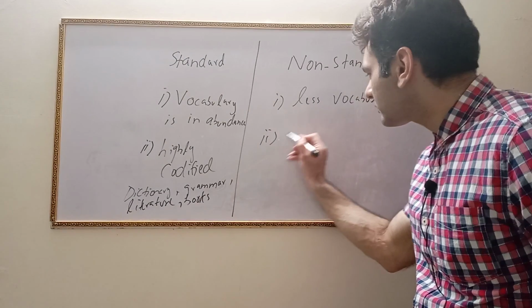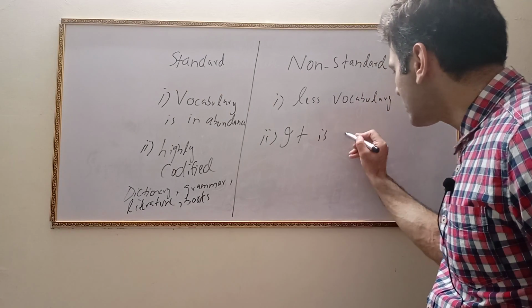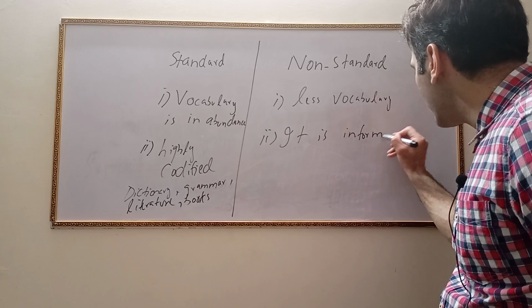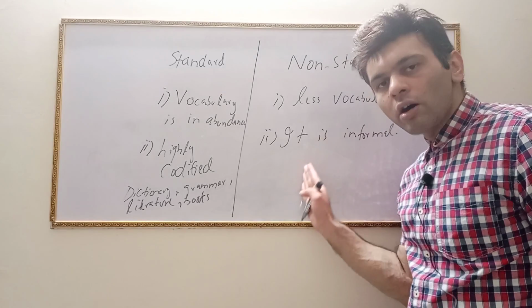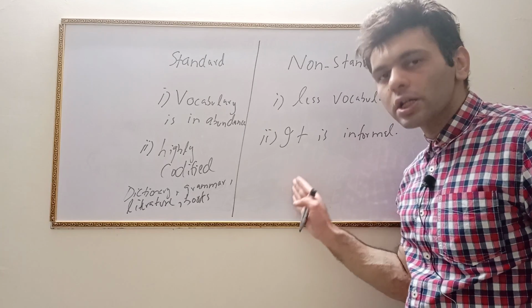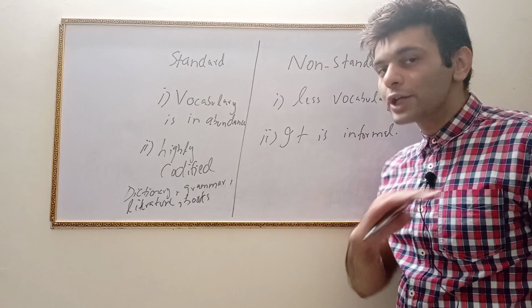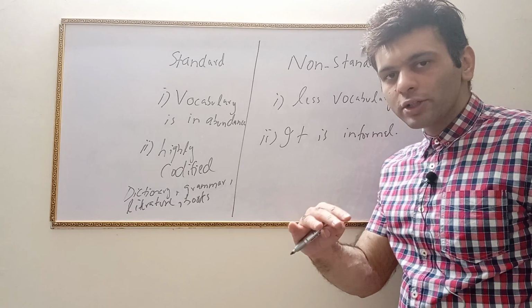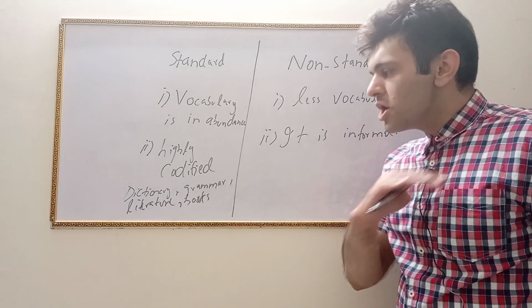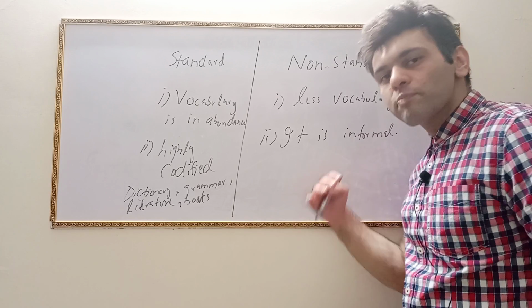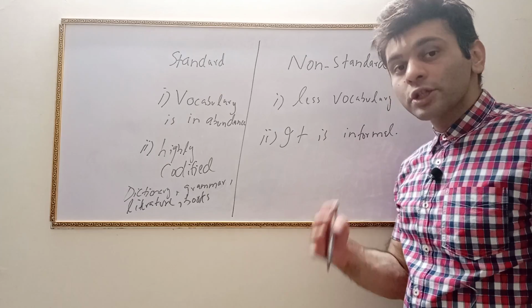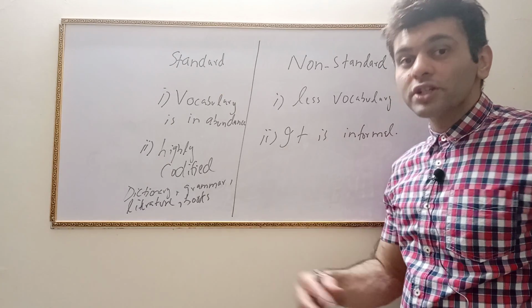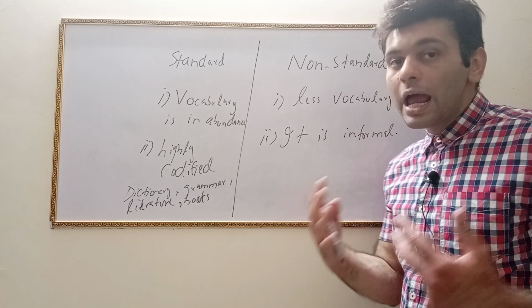Secondly, it is informal. It means that this non-standard language is not a codified language. It has no grammar, no books, no literature, nothing of the sort that can put it at a distinct advantage of being spoken at a forum which is considered to be formal enough.